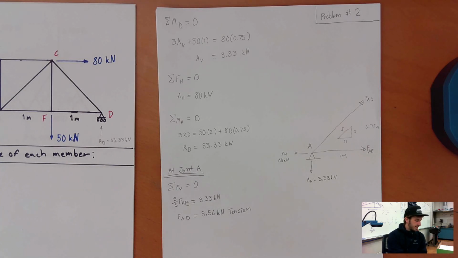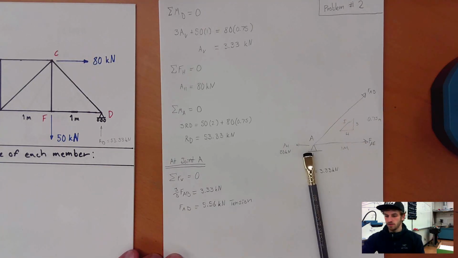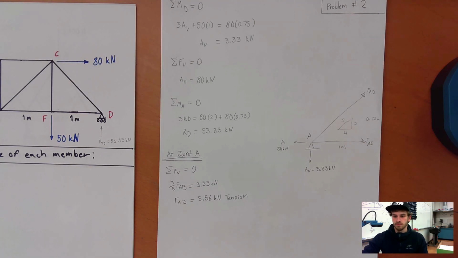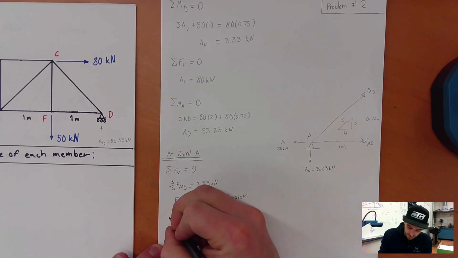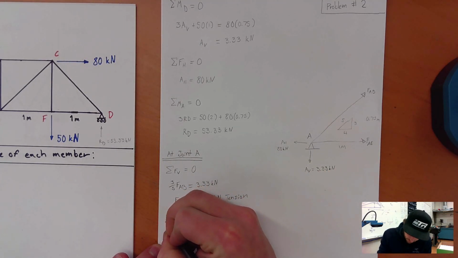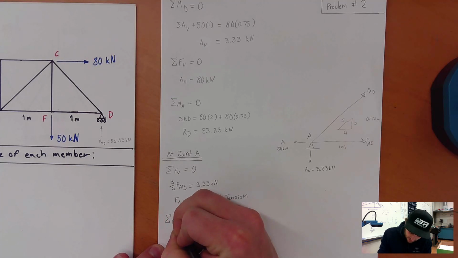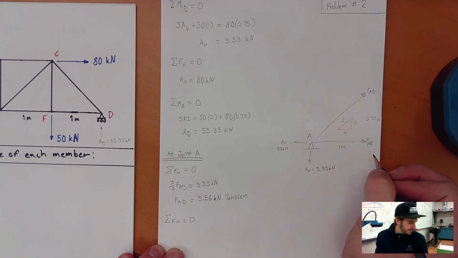Wonderful. Okay, let's look at the forces horizontally now. So the sum of the forces in the horizontal direction is equal to 0. So we're looking at that FAE section here.